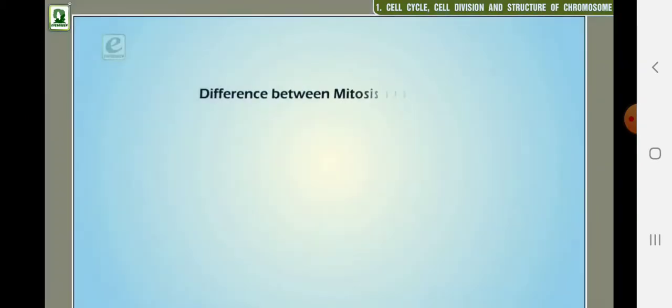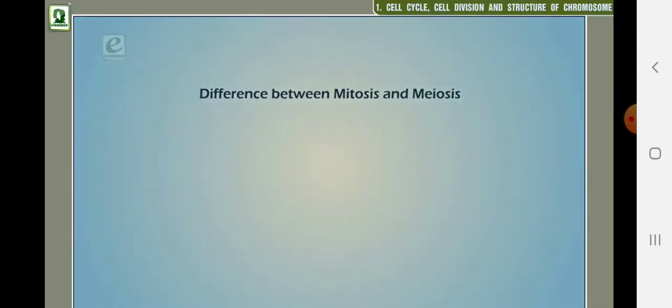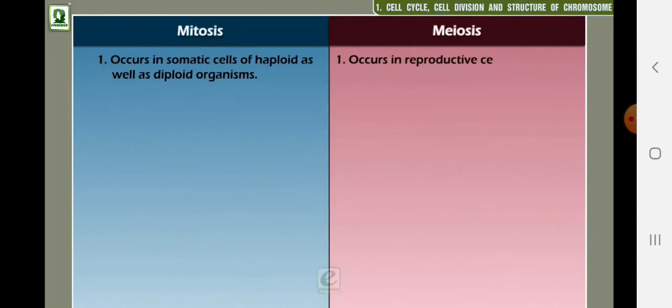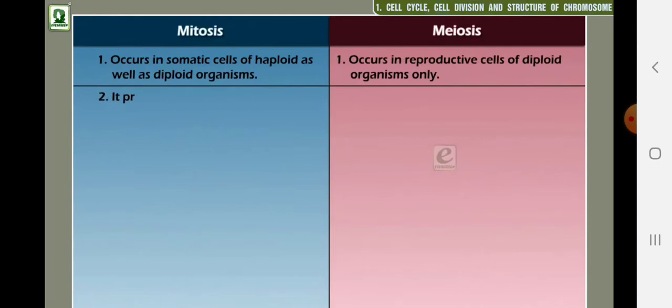Difference between mitosis and meiosis. Mitosis occurs in somatic cells of haploid as well as diploid organisms, whereas meiosis occurs in reproductive cells of diploid organisms only. Mitosis produces 2 daughter cells. Meiosis produces 4 daughter cells.